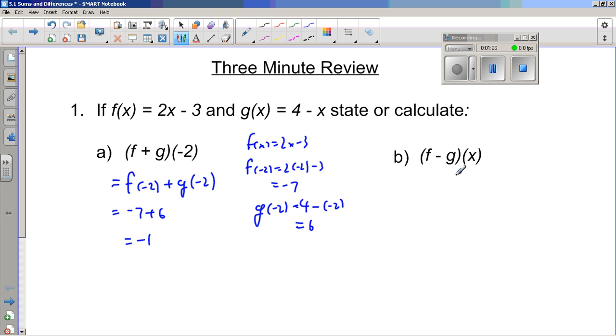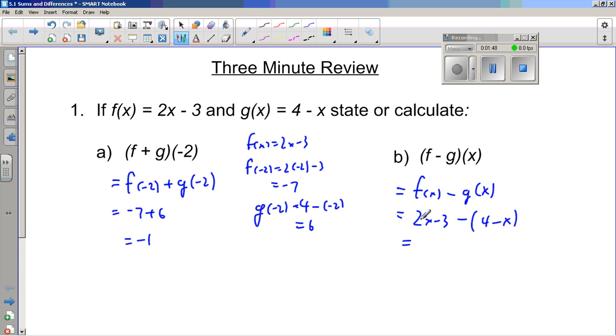And in fact, that's more the technique that we're going to use for b here. This is f minus g at x, which is just f at x minus g at x. It's a difference function. f at x is 2x minus 3, and g at x is 4 minus x.